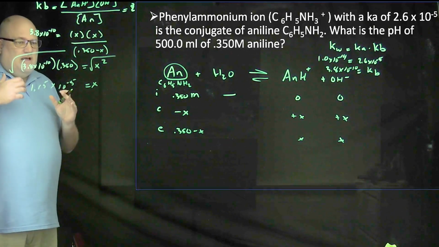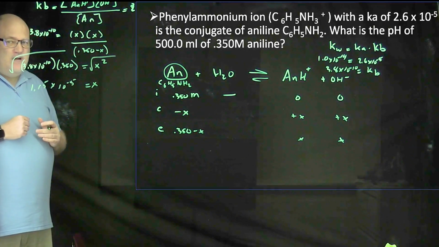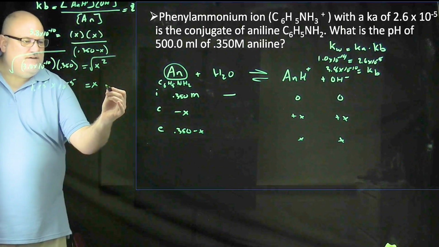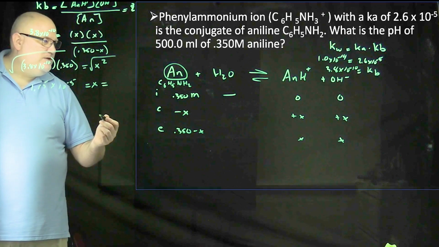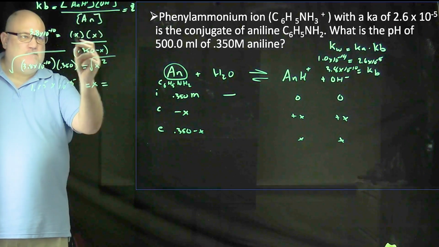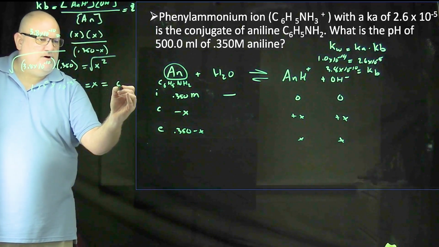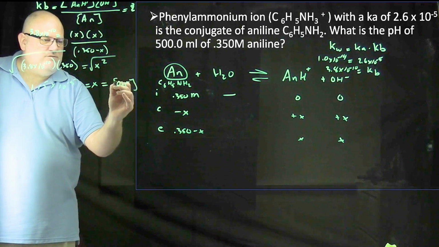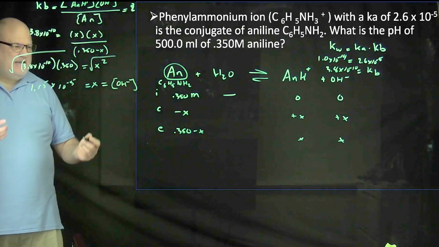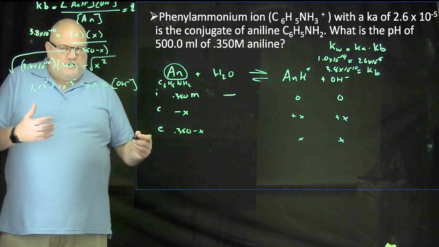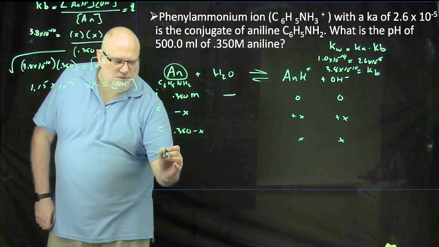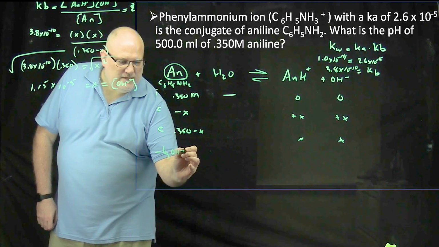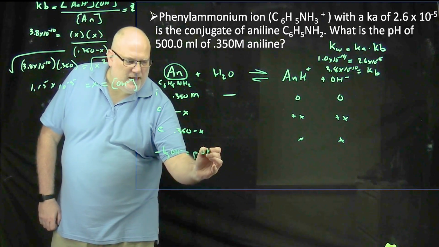Now, just writing that as our x value is not good enough. We have to let everyone know that that's equal to our OH minus. It's also equal to our ANH plus because they're both equal to x, but we only care about our OH minus. And again, once you have your OH minus concentration, it's exactly the same in every problem. You take your negative log of your OH minus, which gives you your pOH.